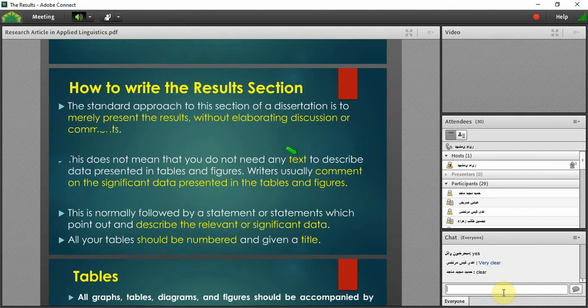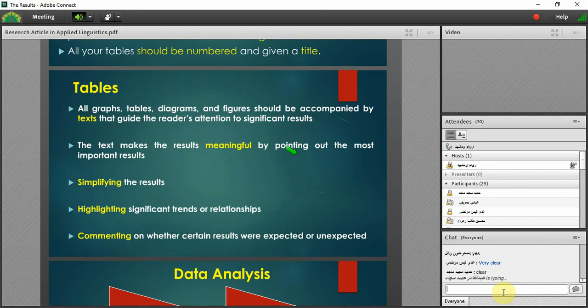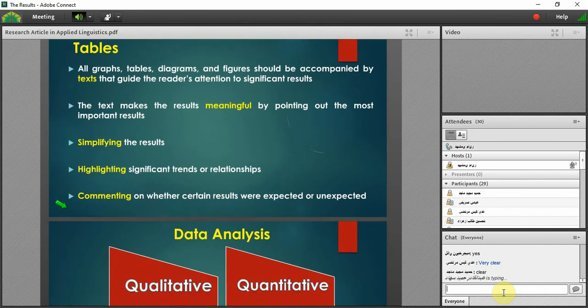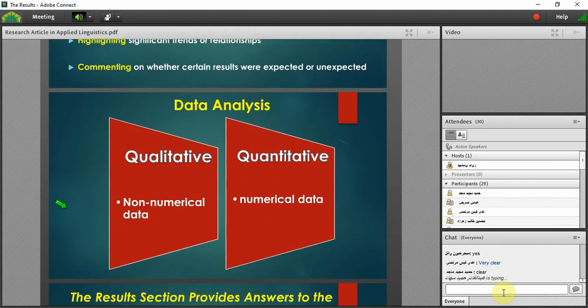To comment on or to show significant data presented in the tables and figures. Okay, very easy. See, it is difficult to understand the relationship between all those numbers, so you need to add a text. See, texts are used to make the data meaningful, simplify, highlight the data, okay?